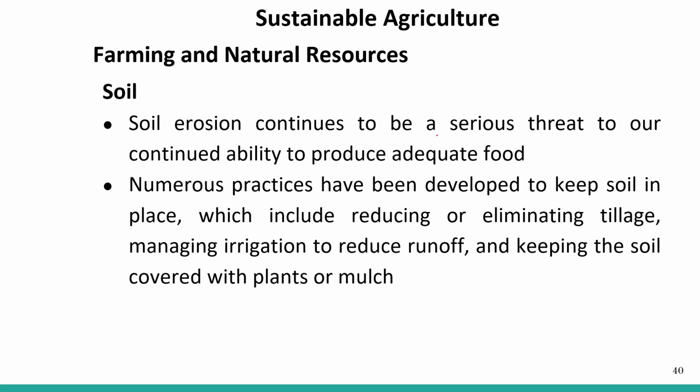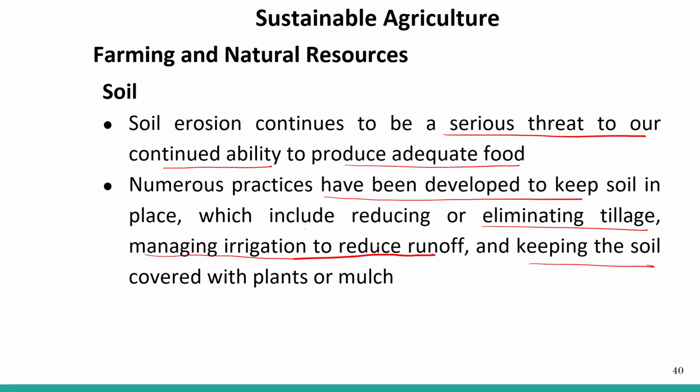Soil erosion continues to be a serious threat to our continued ability to produce adequate food. Numerous practices have been developed to keep soil in place, which include reducing or eliminating tillage, managing irrigation to reduce runoff, and keeping the soil covered with plants or mulch.